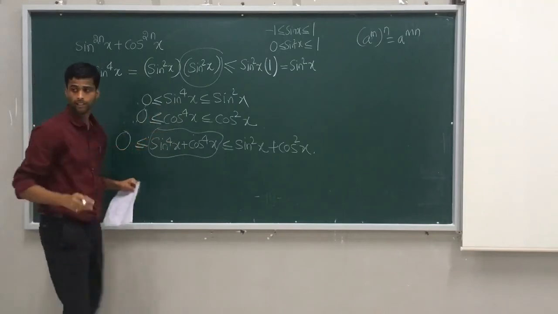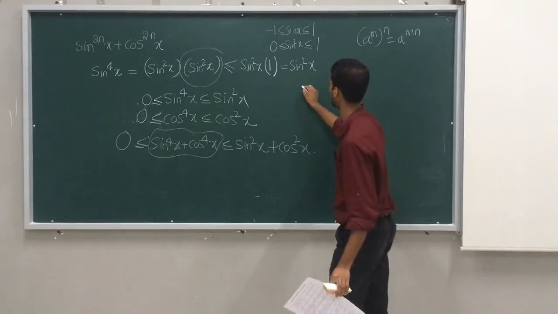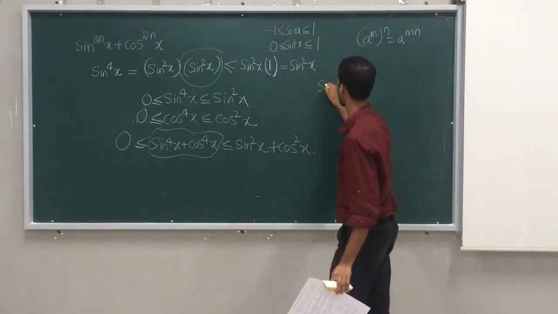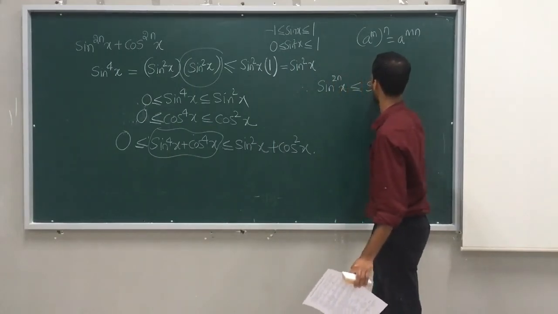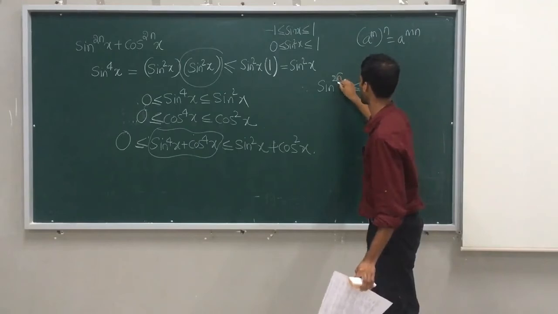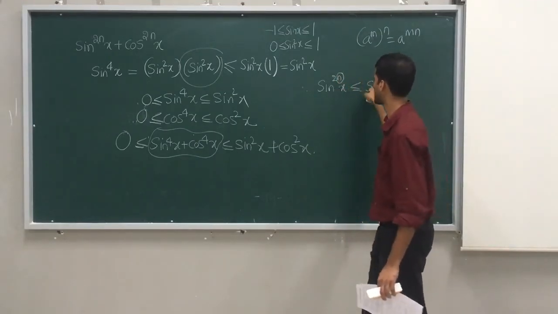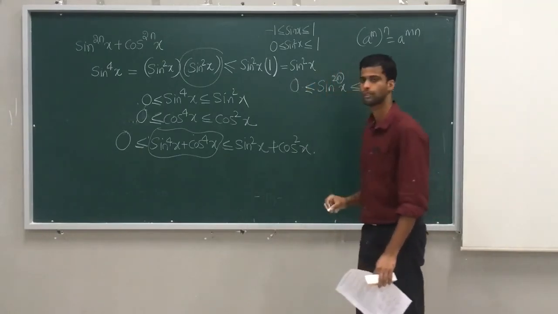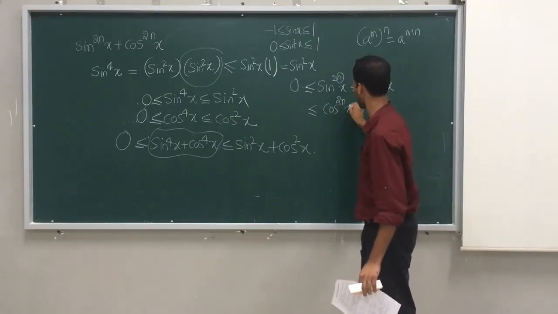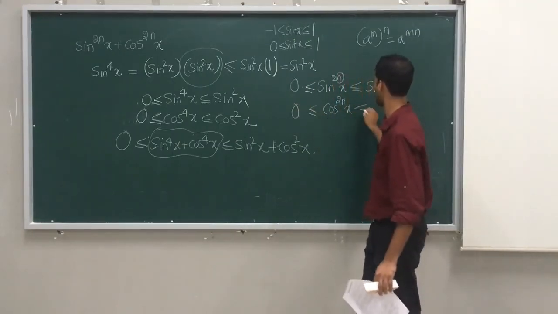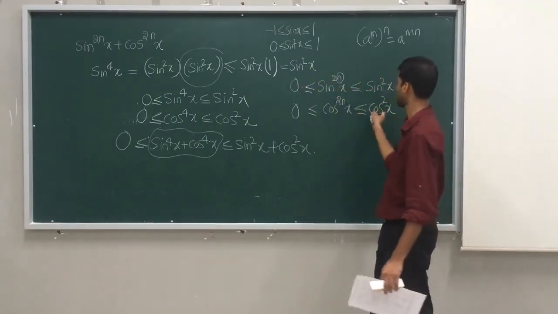Yes. Now I can say sin raised to 2nx is less than or equal to sin square x, because you put any number n equal to 1, 2, 3, any natural number, and you will get this result to be true. It is more than 0. Similarly, cos raised to 2nx is more than or equal to 0 but less than or equal to cos square x, because sin square x is more than 0 and cos square x is more than 0.